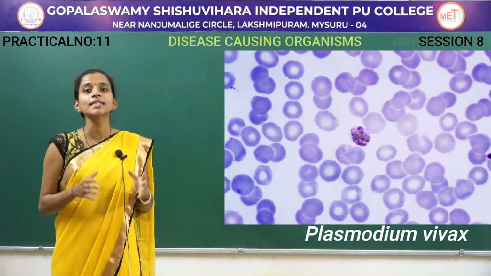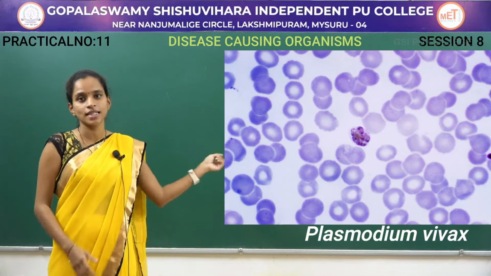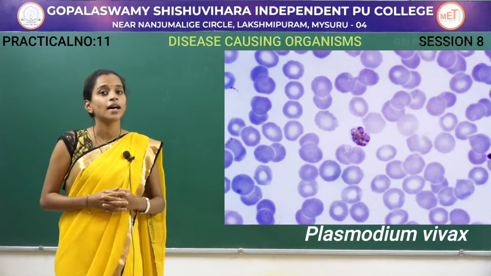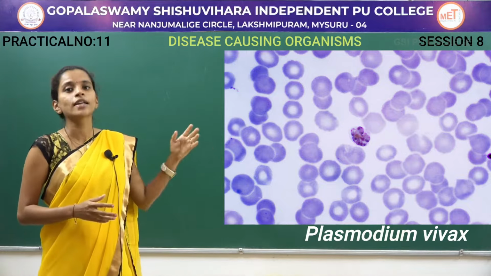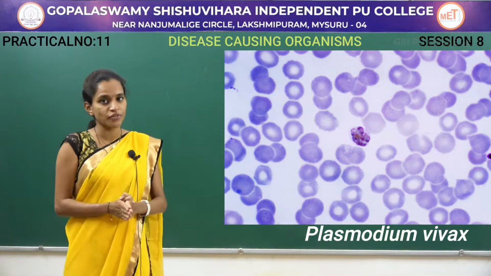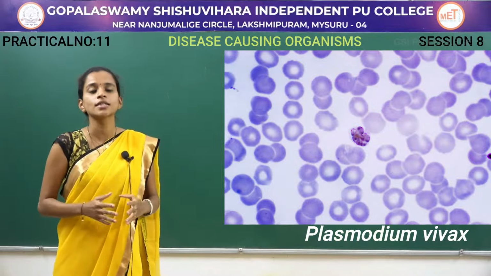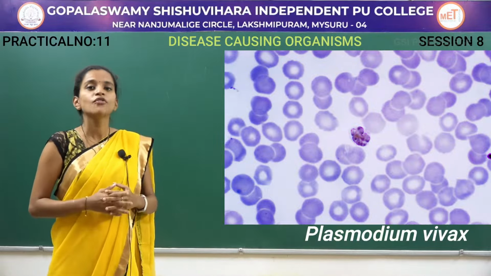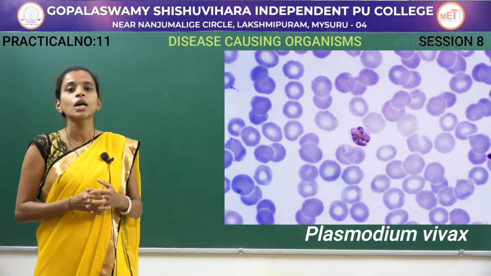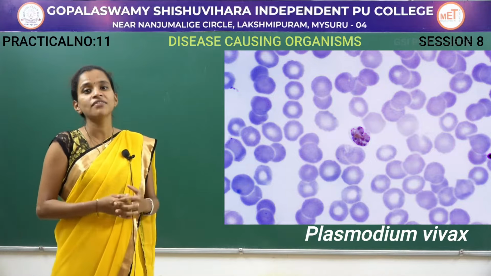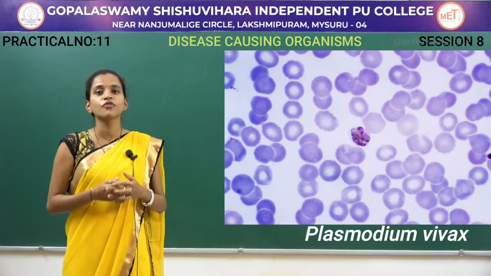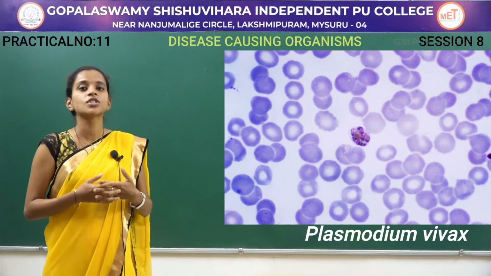Once again to discuss, the stage what you can see here is the signet ring stage. You can see the ring like structure formed in the RBC cells. The organism is called Plasmodium vivax. The disease it causes will be malaria.